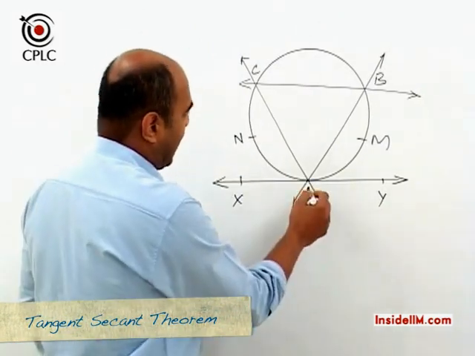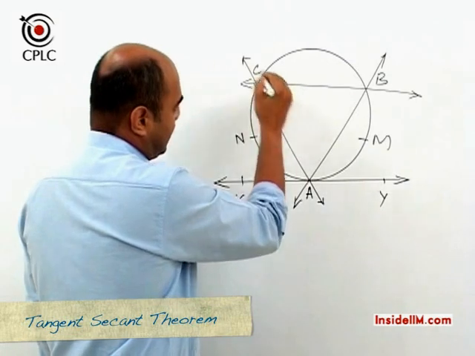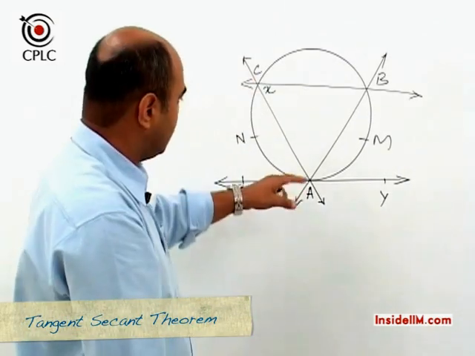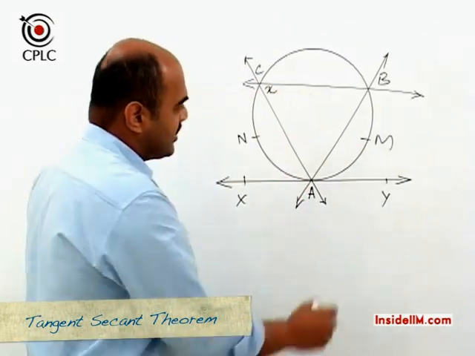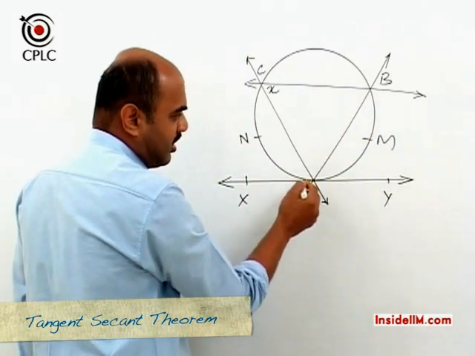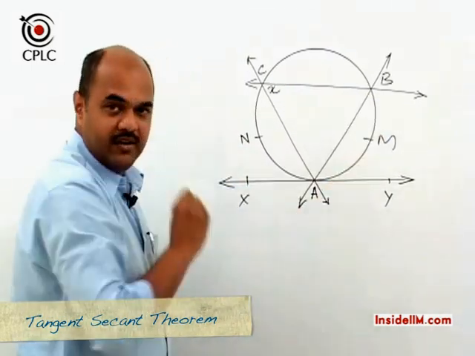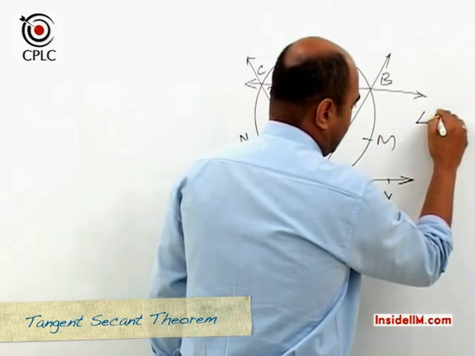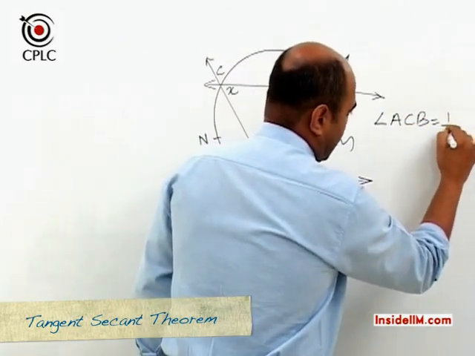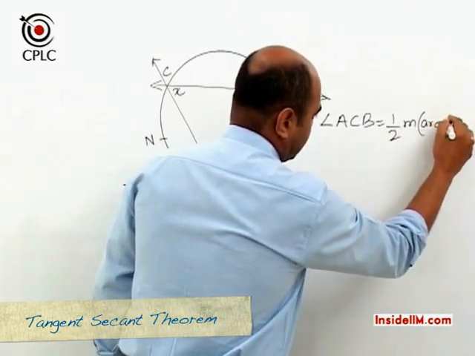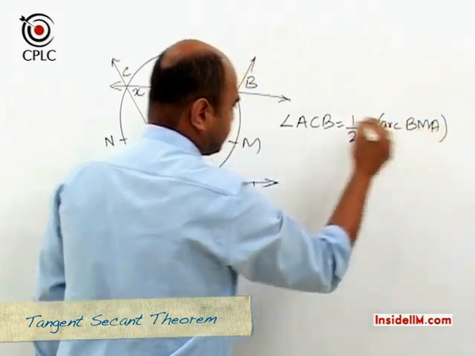When I look at angle ACB, if I call that angle X, angle ACB is half the measure of arc BMA.